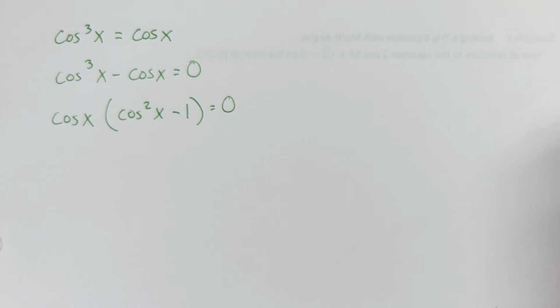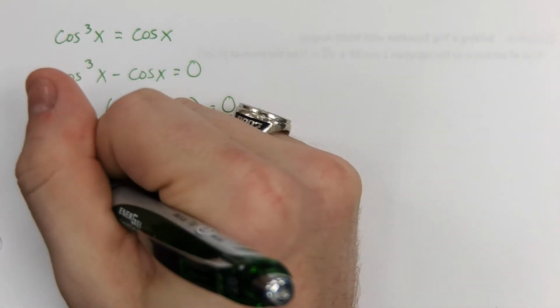Alarms should immediately start going off in your head because we have squared trigonometry followed by a 1. It's almost a Pythagorean identity. You don't have any that say cosine squared minus 1, but you do have one that says 1 minus cosine squared. So if we factor out a negative 1 again, like we did yesterday, that will change the order of that subtraction.